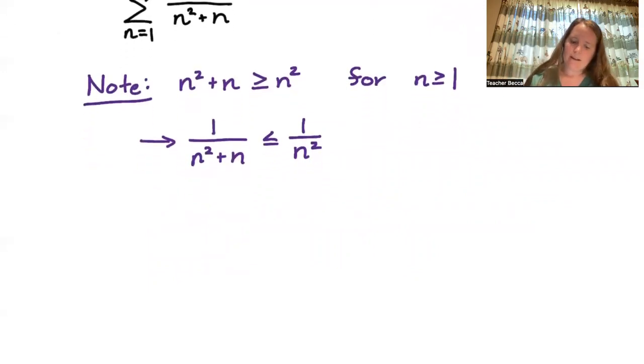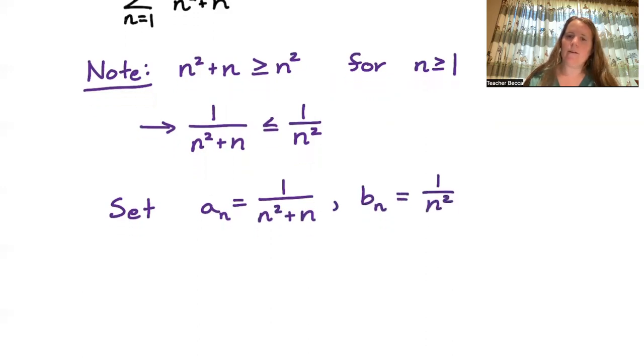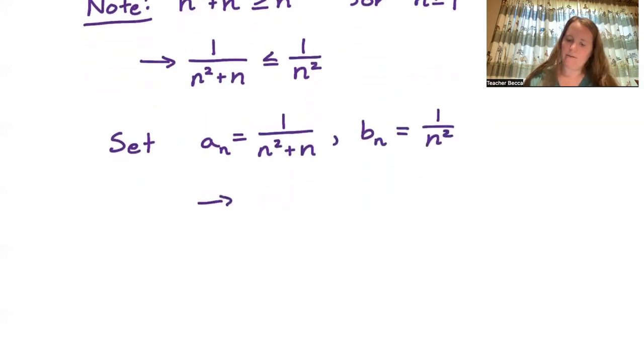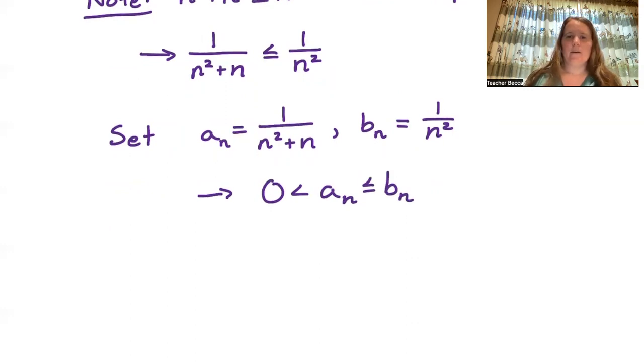So if we set a sub n to be 1 over n squared plus n, and b sub n to be 1 over n squared, we again have 0 is less than a sub n is less than or equal to b sub n.